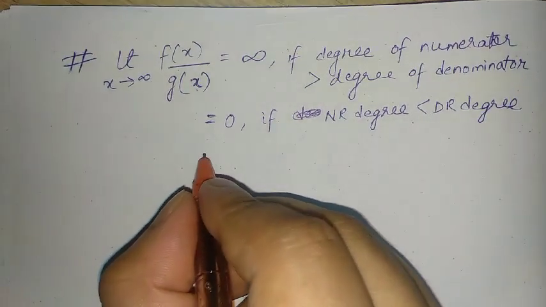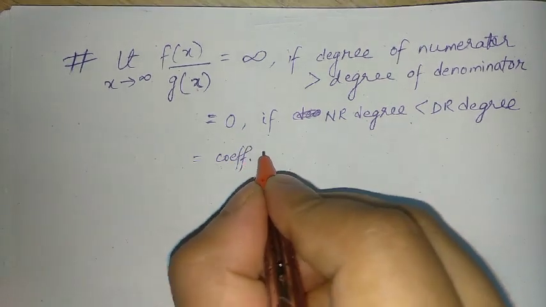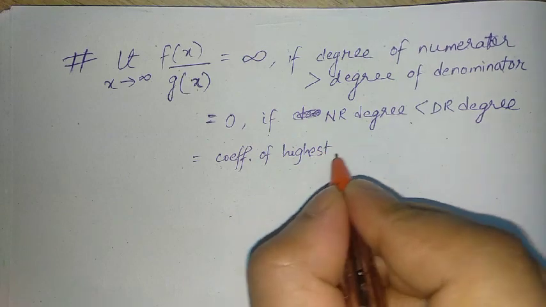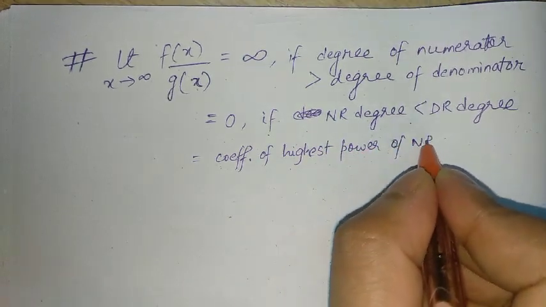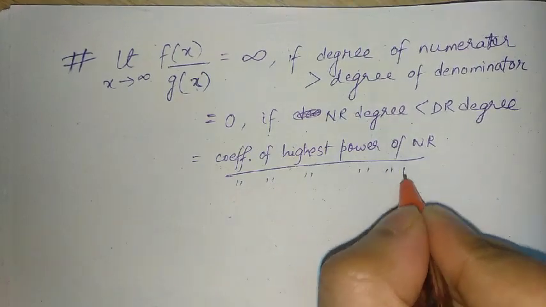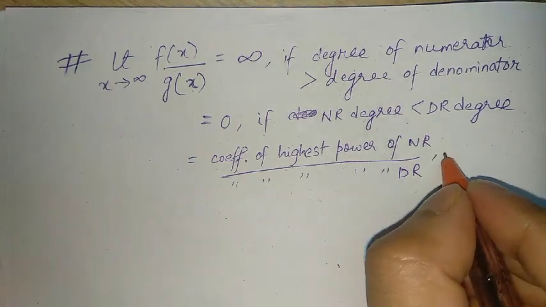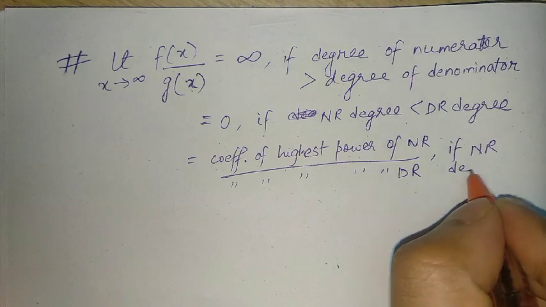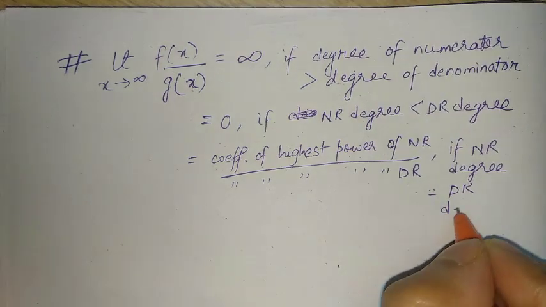And it is equal to the coefficient of the highest power of numerator divided by the coefficient of the highest power of denominator. This is applicable if the numerator degree is equal to the denominator degree.